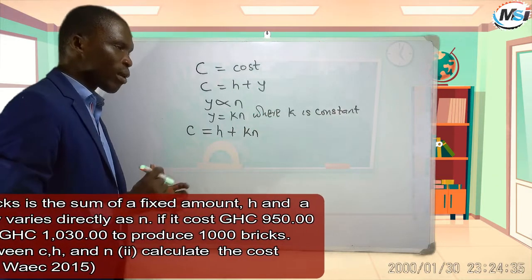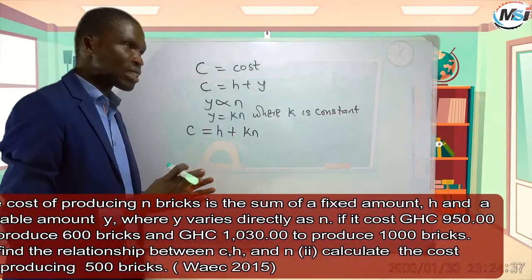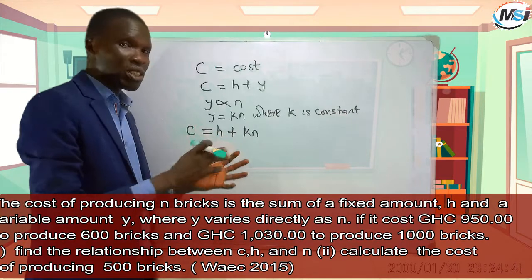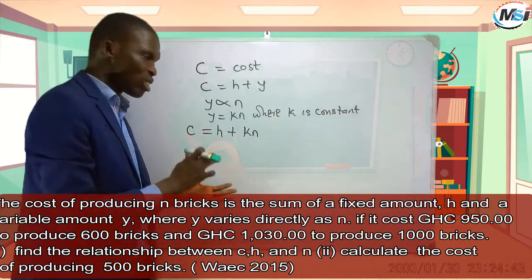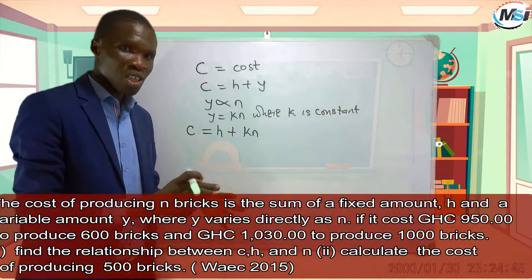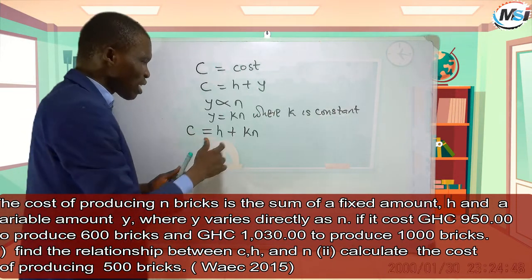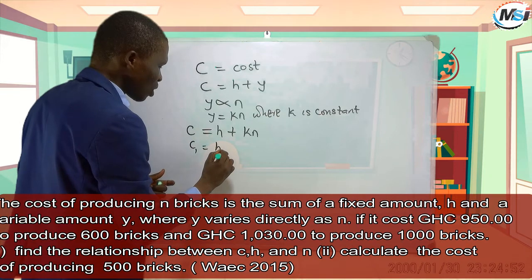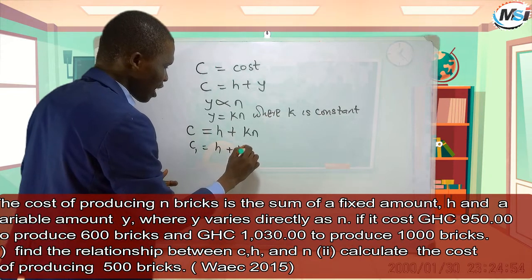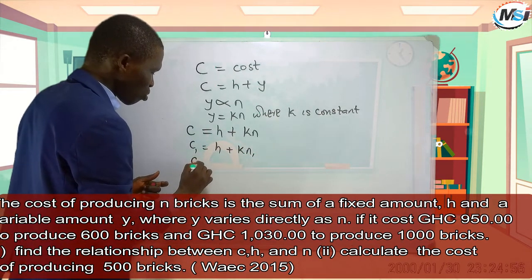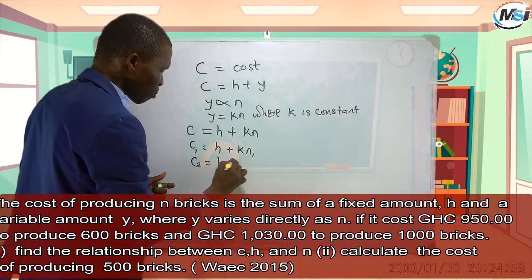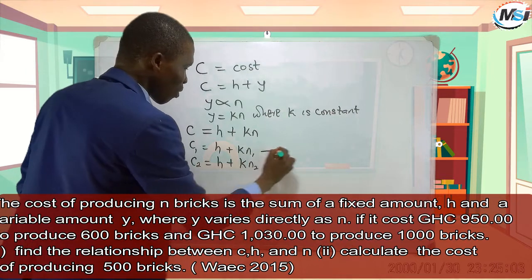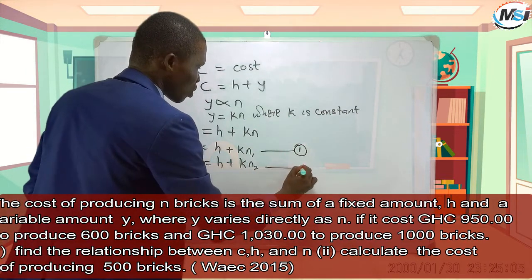But if you look at the question very well, you will discover that this is partial variation, and you need to split it into two equations. This will lead us to simultaneous equation. So from here we can say C1 equals H plus Kn1, C2 equals H plus Kn2. So this will give us equation 1, equation 2.